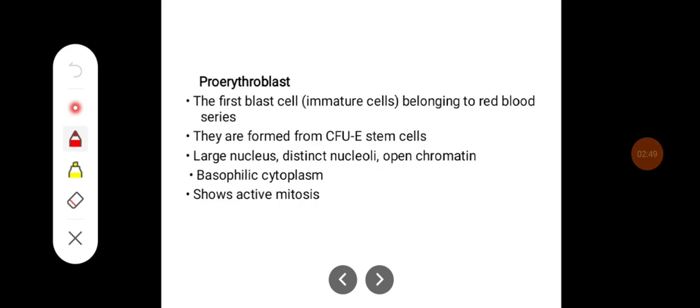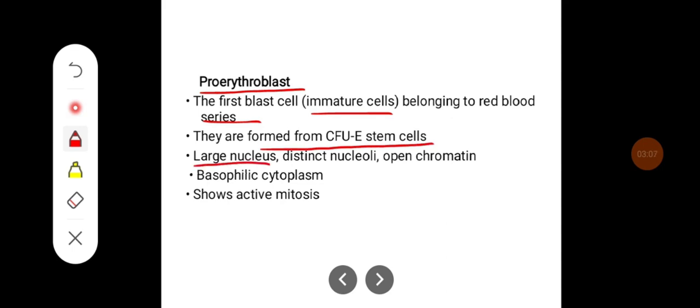Then they undergo the pro-erythroblast stage, where the first blast cell, the immature cell belonging to the red blood series, is the pro-erythroblast. They are formed from the colony forming unit of erythroid series stem cells.